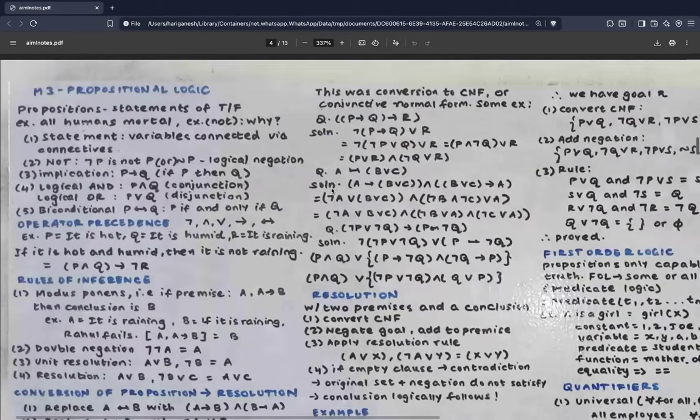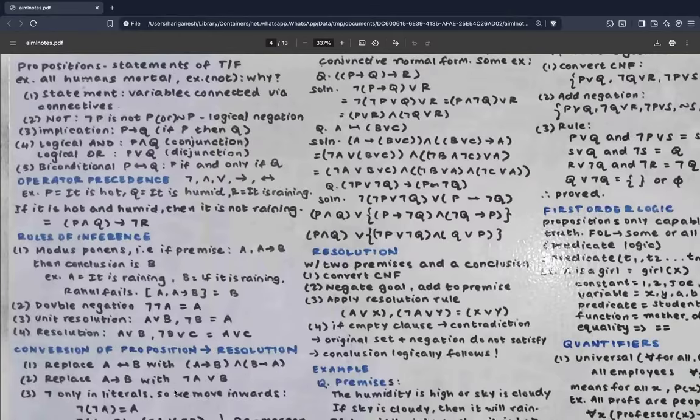So how do you convert to CNF, or conjunctive normal form? Take, for example, if P then Q, then R. You apply the principles that we discussed here. These two steps are all you need. So if P then Q, then R converts to not of (not P or Q) or R, because there's an if here as well.